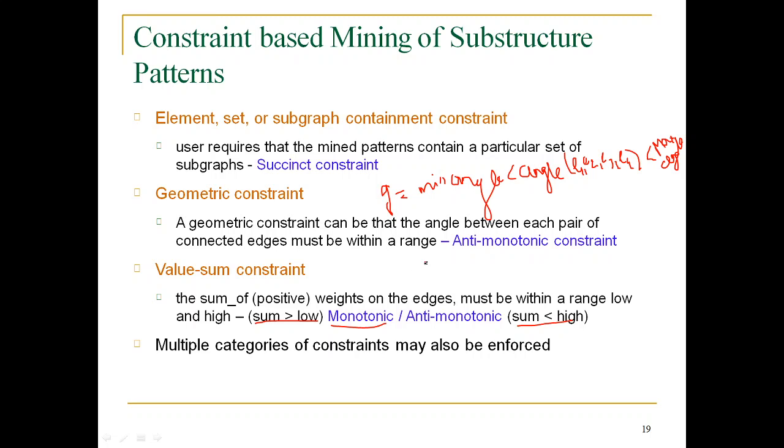So we are going to form the substructure constraint-wise. It should either follow the succinct constraints, that is, a particular user-defined constraint, or it should follow the anti-monotonic constraints like this or monotonic constraints.